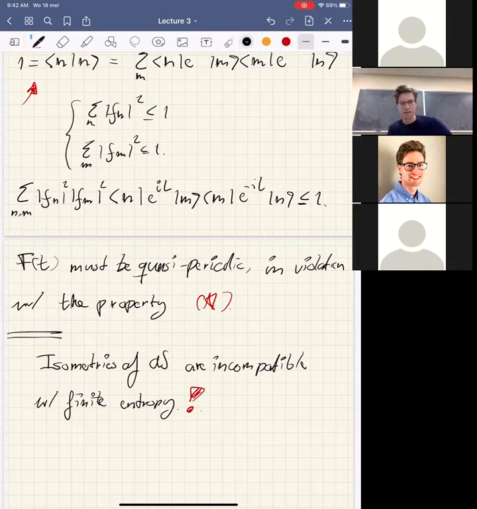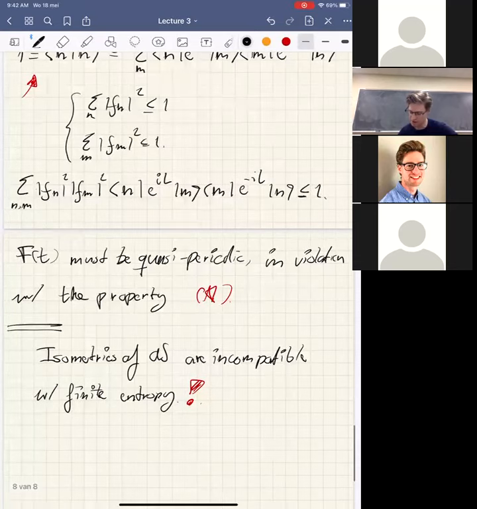Okay, so this is quite important because you might be saying that, okay, I'm interested in studying quantum gravity in de Sitter space. But what I find in the end is that these isometries are incompatible with finite entropy. So what is the interpretation of this?